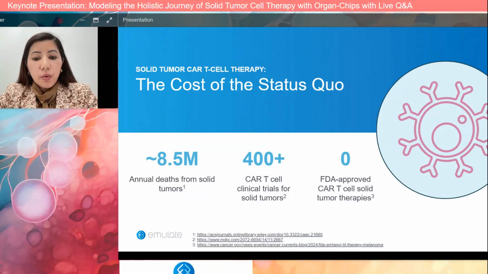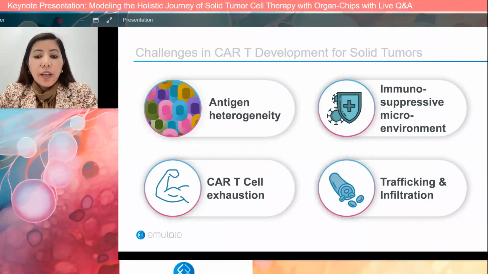And there are around 400 CAR T cell clinical trials for solid tumors, and none of them have been approved by the FDA. Well, why is that the case?